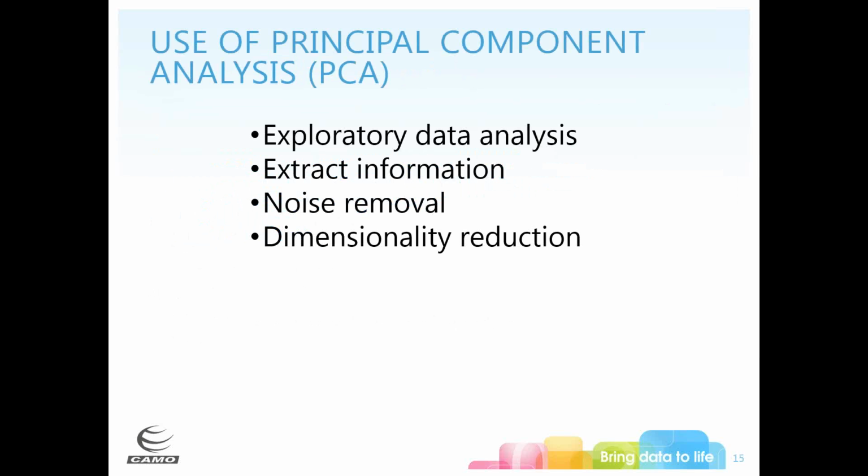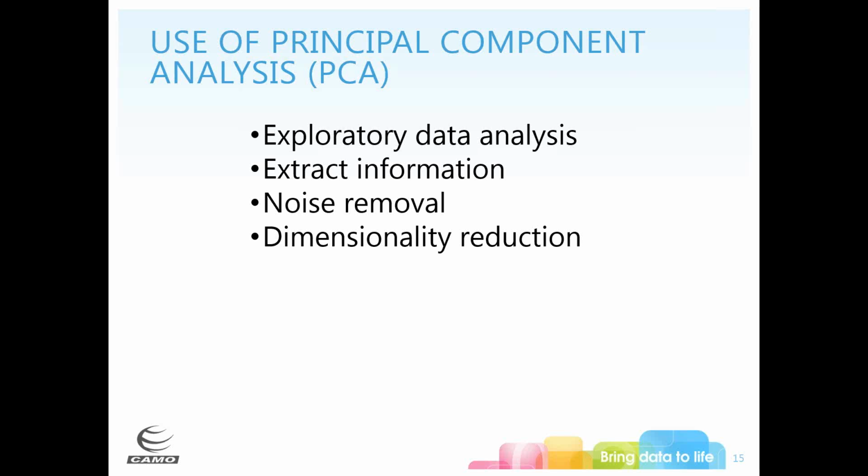So some of the uses for principal component analysis, as I've mentioned already, is exploratory data analysis. When you're first taking a look, I don't even know what I'm looking at right now. Do things correlate? Are they important at all? This is where we start. We also want to extract information. So for spectroscopic data, for example, extracting information and noise removal go very hand in hand.